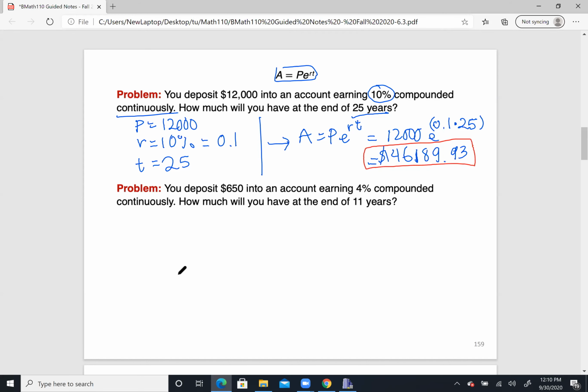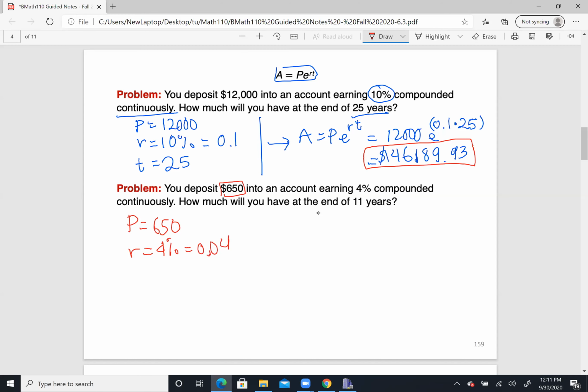You can try to work on the next problem here by pausing my video and trying to do it and compare with me. So here, P equals 650, and you deposit this. R equals 4%, which means 0.04.